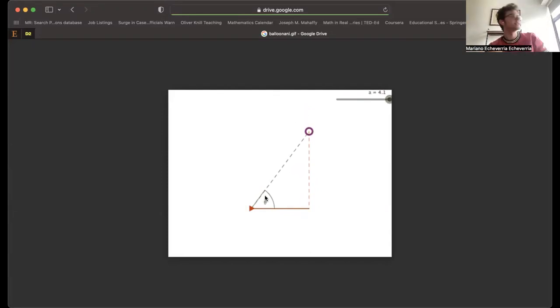So again, the point of these problems is not that the calculus is too complicated. It's more the translation of the problem into the derivatives and all that stuff that requires some thinking. So let me draw that for you.